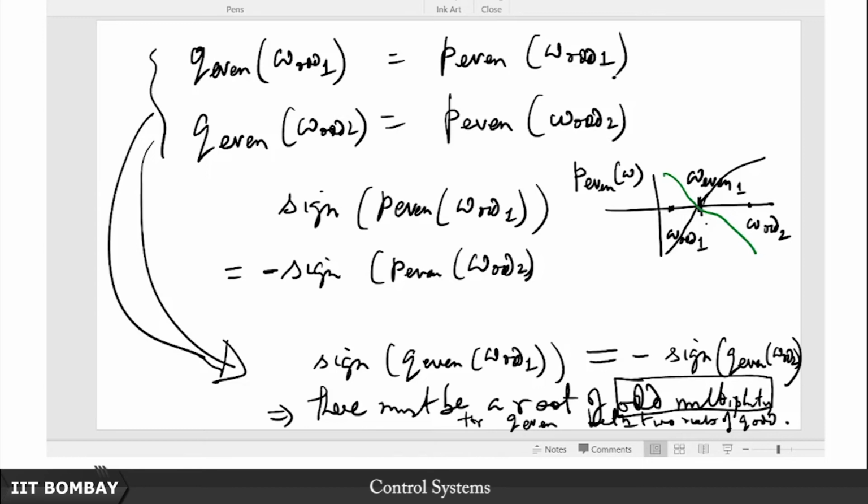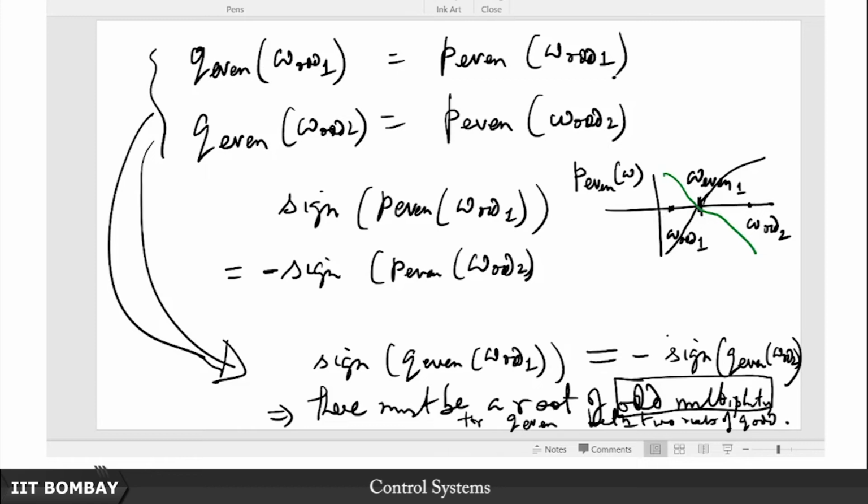Why? Because remember, between every two roots of the odd part there must be at least one root of the even part. And how many roots can the even part have at max? Exactly as many as the odd part, no. So you cannot have more than one root of the even part between any two roots of the odd part, and you cannot have less than one either, because the sign reverses.